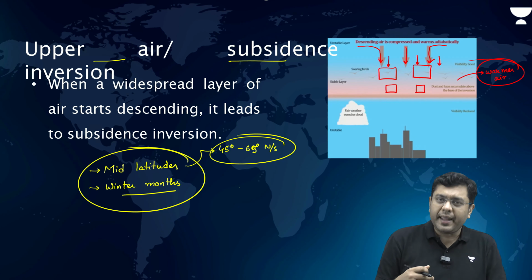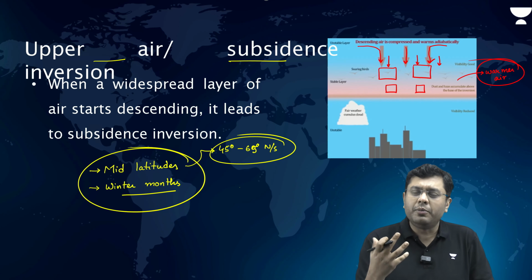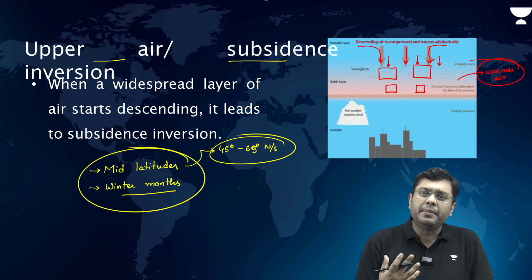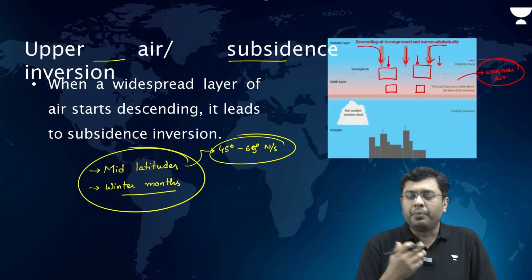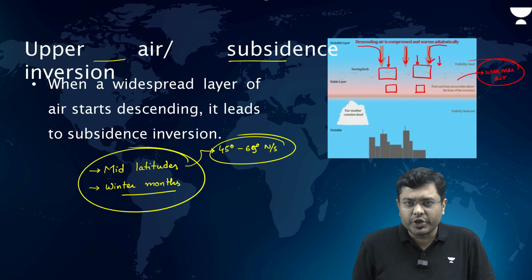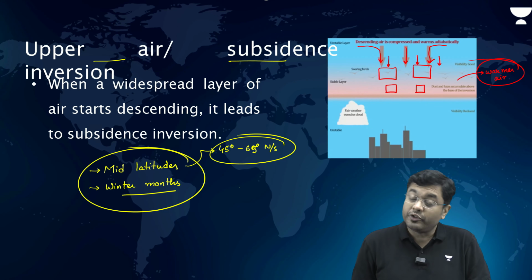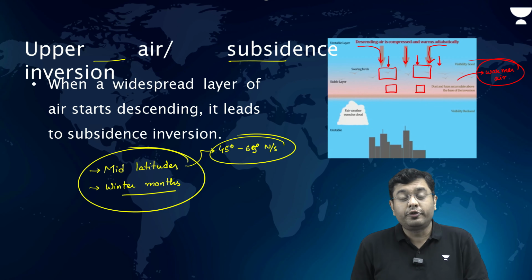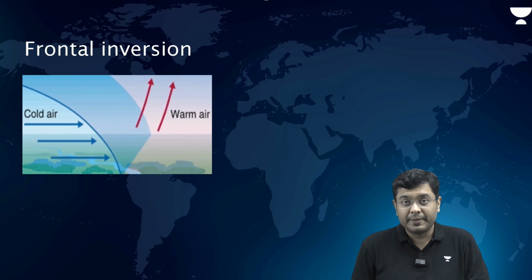People would inhale that air, which was laden with carbon monoxide, and many of them experienced carbon monoxide poisoning, due to which there was significant hospitalization and also a large number of casualties. So subsidence inversion can also be detrimental to health.